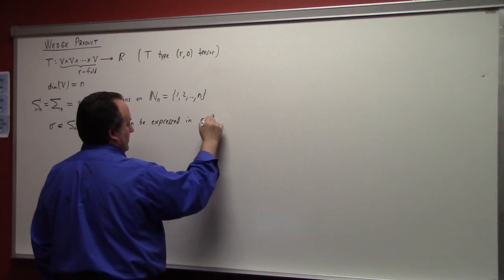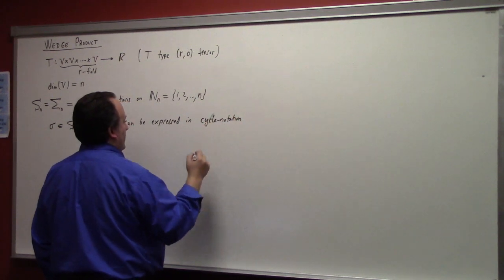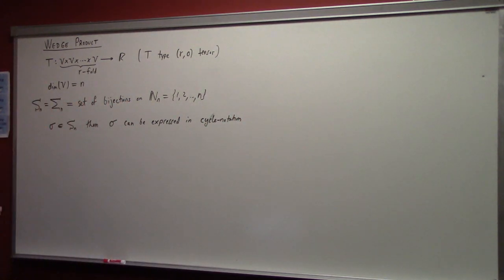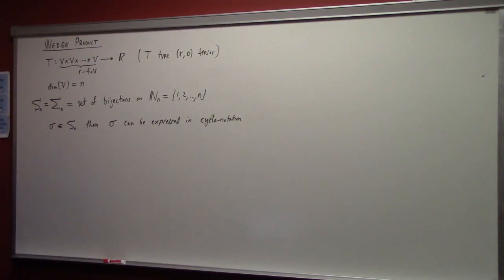And in particular, there's a theorem that any permutation can be written as a product of transpositions, right? Which are just two cycles. And moreover, the theorem says that for any decomposition of a permutation into transpositions, the number of two cycles is an invariant.